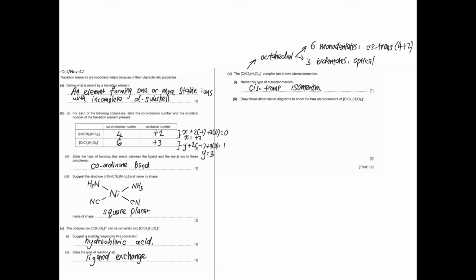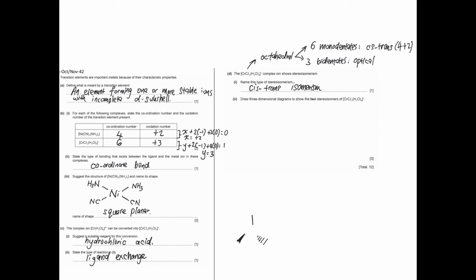And then they ask you to draw 3-dimensional diagrams. How to draw 3-dimensional? When they say 3-dimensional, your covalent bonds must show whether they are in, out, left or right, using a particular shape like this kind of triangle or this kind of bond, and then a line, to show in which direction they are in 3D.